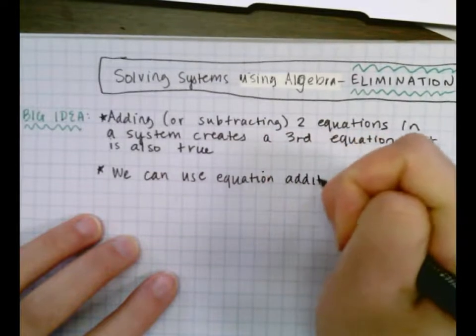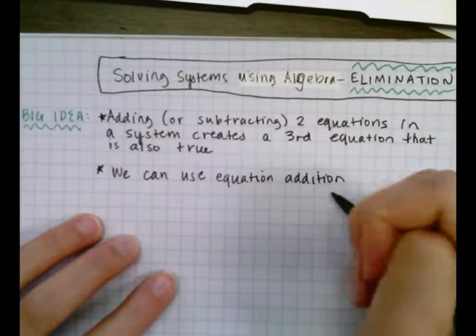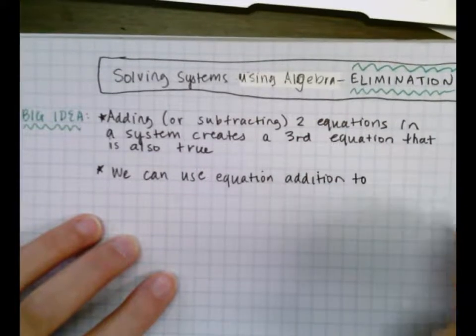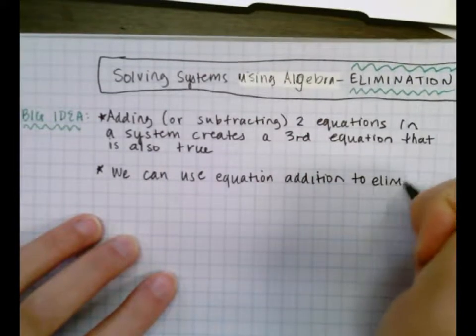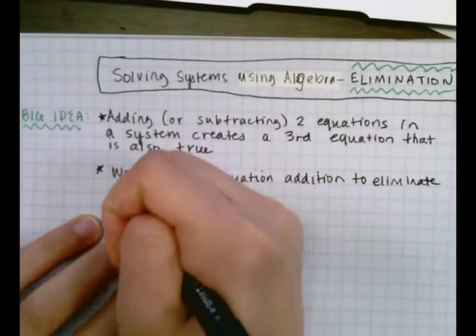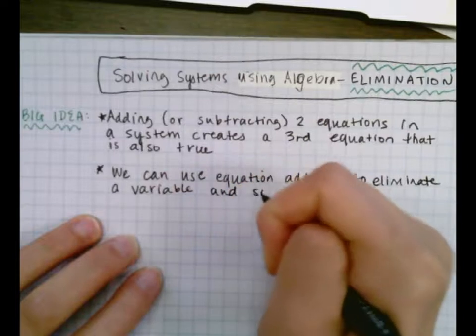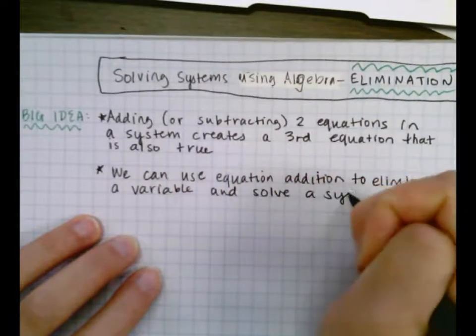I'm just going to write addition, but we get the idea, it could be subtraction. So we can use equation addition to eliminate a variable and solve a system of equations.